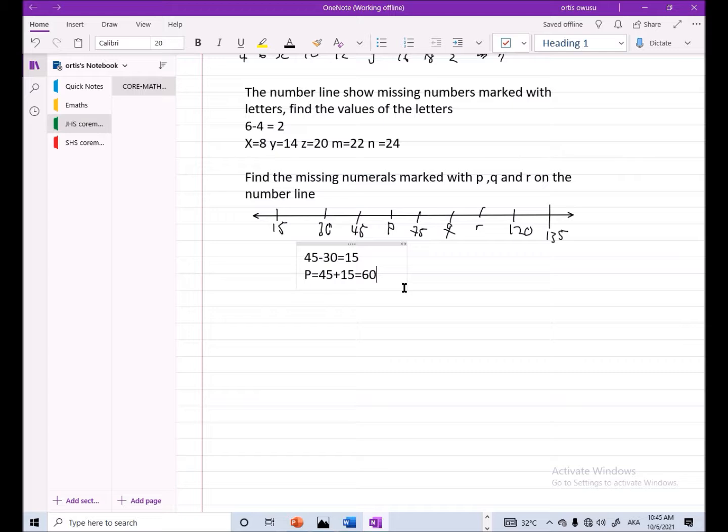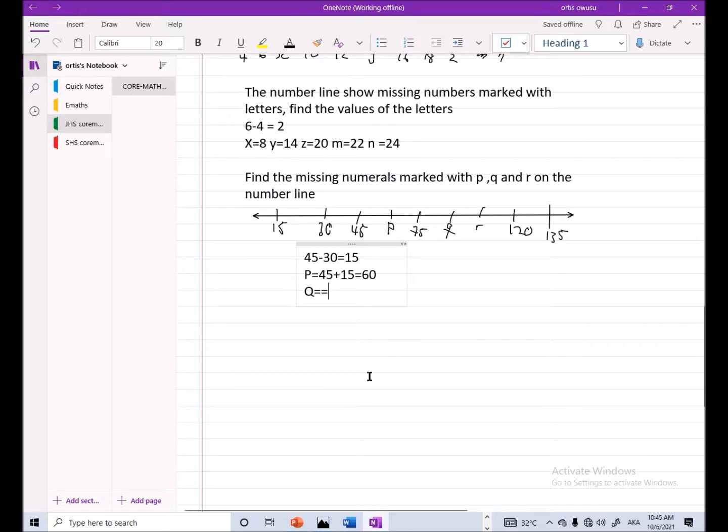So my P is 60. Okay, so 75 here. What will be the Q? Same formula, right? So Q will be, what is the next? 75 plus 15, as we get the range, 15.